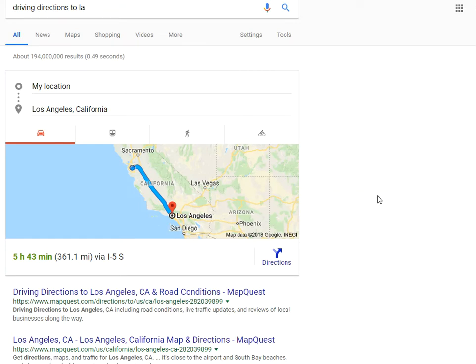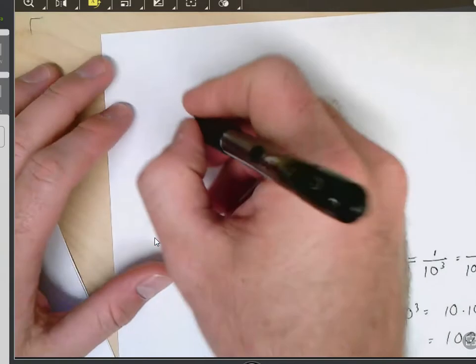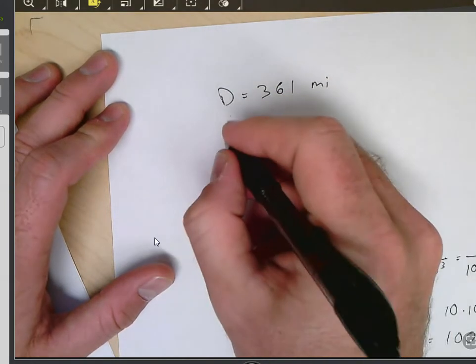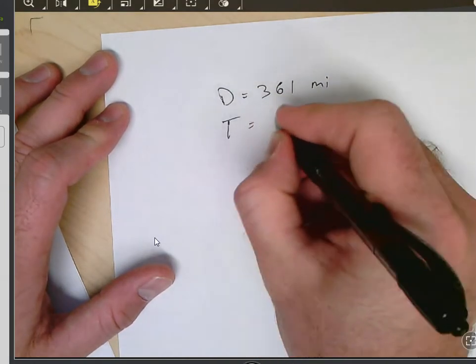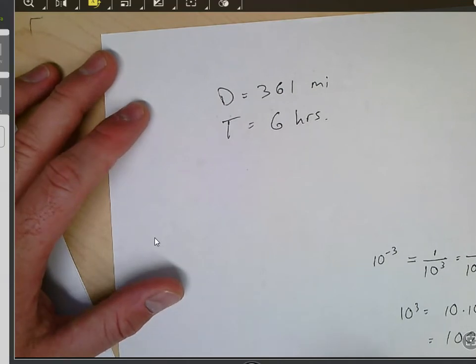Well, okay, so then maybe I could ask myself, what's actually my average speed? Let me go back to the camera here. So if my distance is 361 miles, and let's just say that the time is equal to 6 hours for right now, what's my average speed? Well, I need something in miles per hour, right?